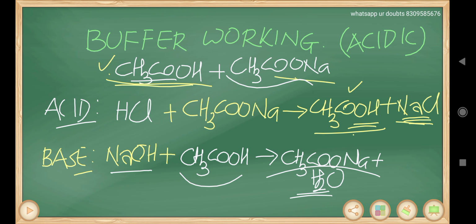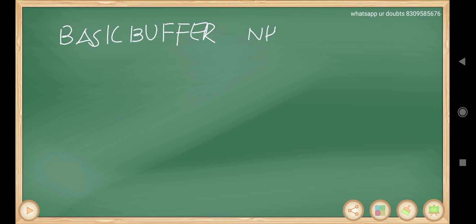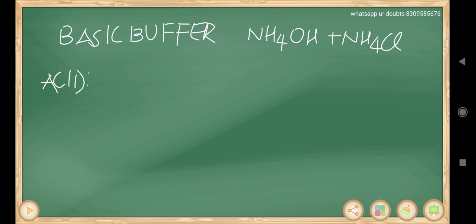Once this is clear, basic buffer will be very easy. See, for a basic buffer solution, the best example you can take is NH4OH and NH4Cl. Now we are adding acid. Acid is HCl.